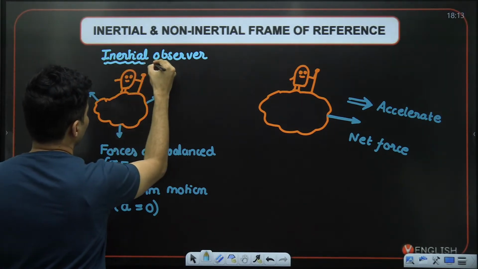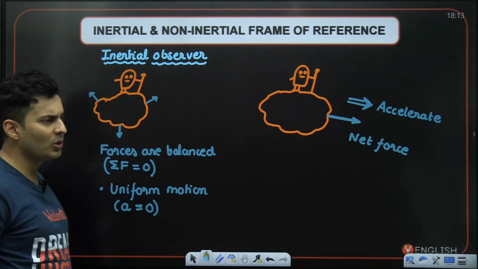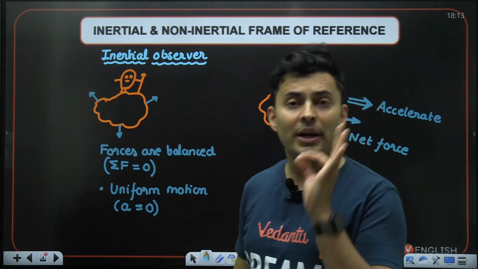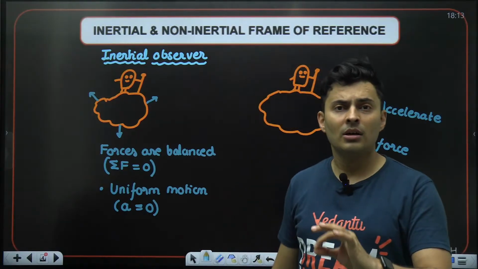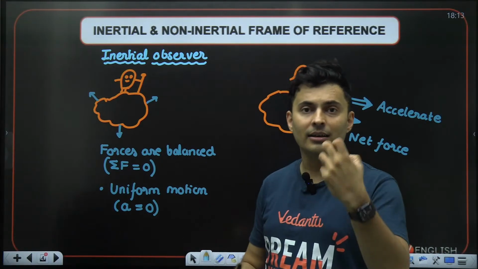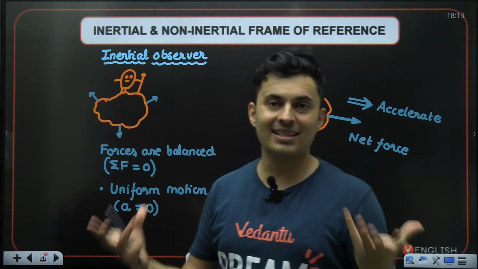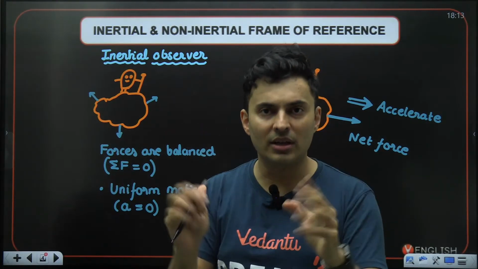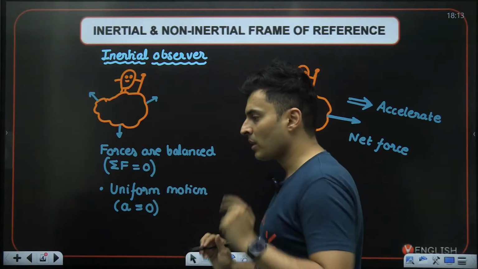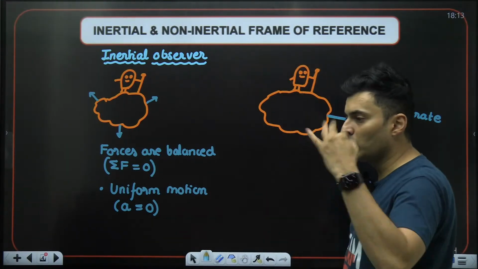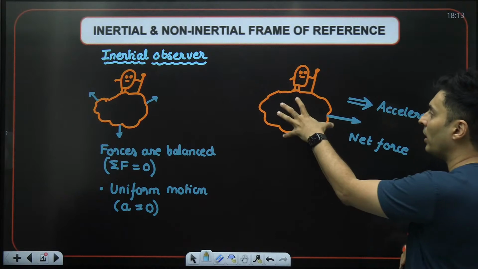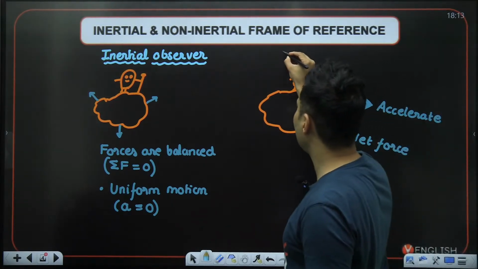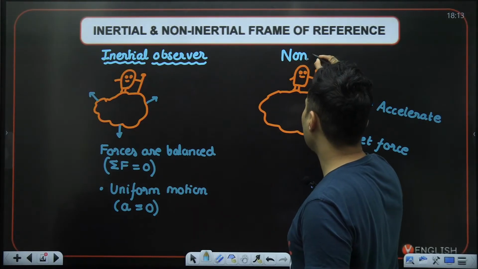Observer, frame of reference, point of view mean the same thing. So inertial observers, or inertial frames, are those frames which are attached to things which are not accelerating, where the net unbalanced force is not there. All the forces are balanced. But those observers or frames which are attached to bodies on which there is an unbalanced force because of which it accelerates, are said to be non-inertial in nature.